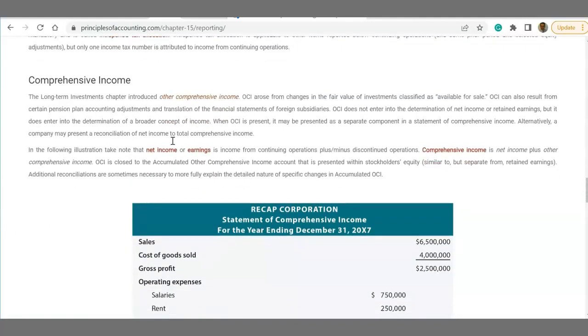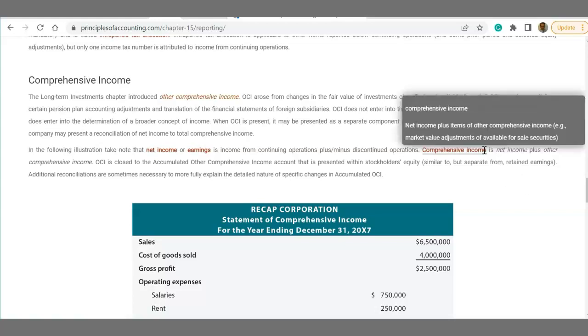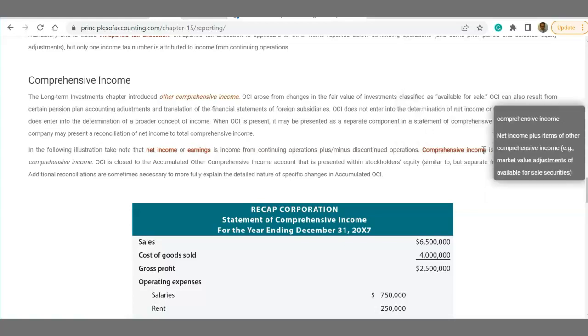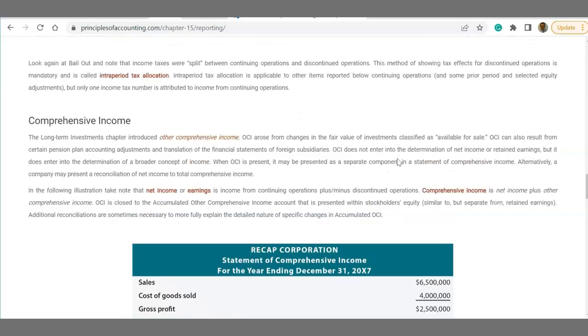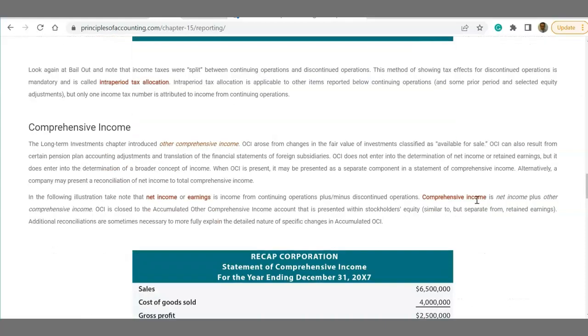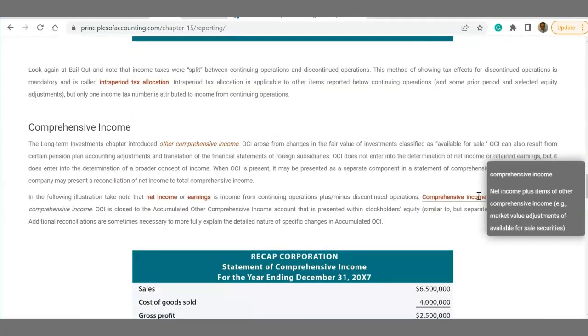Okay, what is comprehensive income or OCI? Comprehensive income is net income, whatever it is right here, plus items of other comprehensive income, like market value adjustment of available for sale securities.